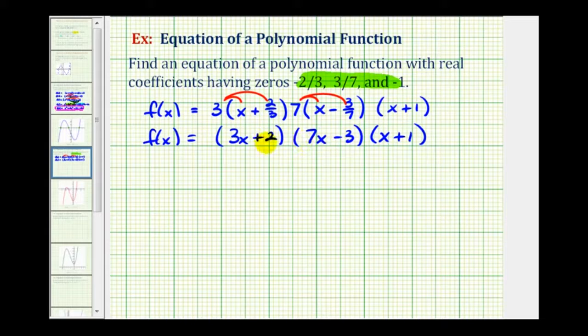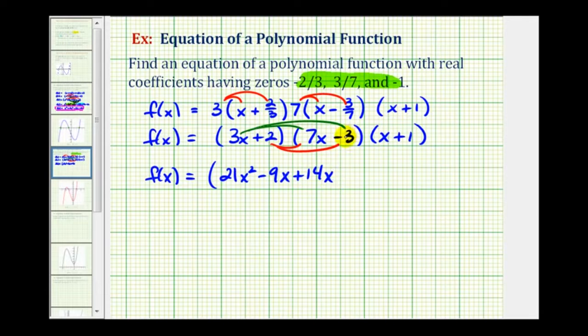So multiplying these first two binomials, we'll have 4 products, 1, 2, 3, and 4. So we'll have f of x equals 3x times 7x is 21x squared. 3x times negative 3 is negative 9x, so minus 9x. And then 2 times 7x would be 14x, so plus 14x.